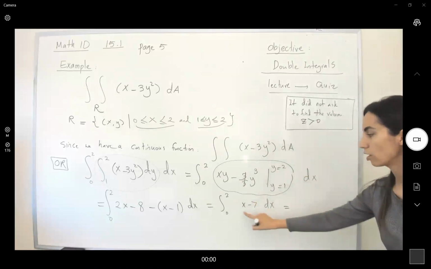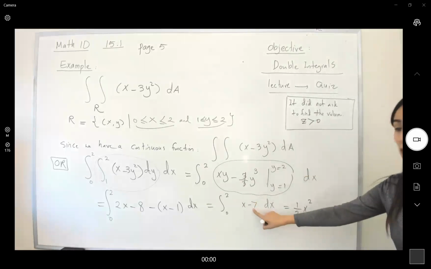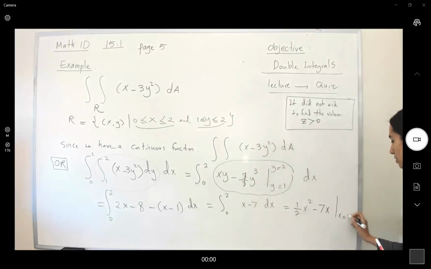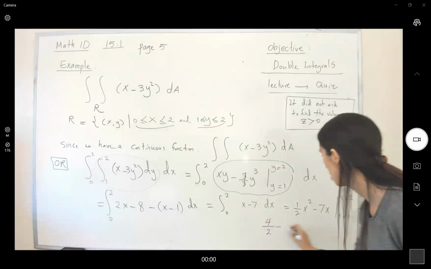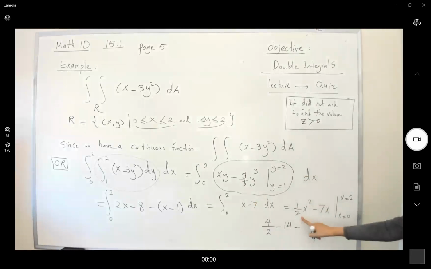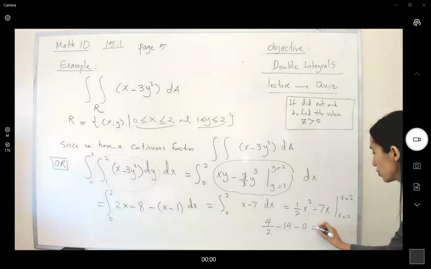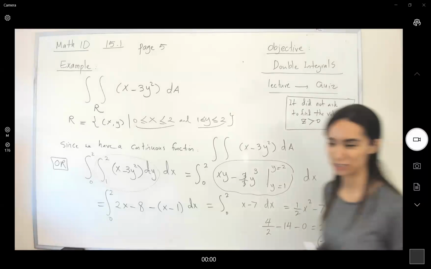So the integral of x is a half x squared. The integral of negative 7 is minus 7x. My x ranges between 0 and 2. If I plug in 2, I get 4 divided by 2 minus 2 times 7, 14. If I plug in 0, both of these are 0. So I have 2 minus 14, which is negative 12 again. The same exact result.